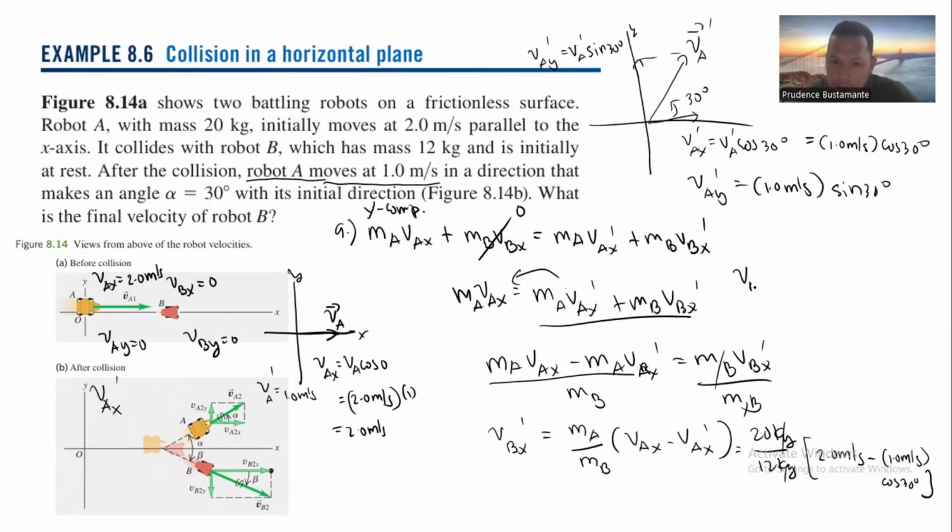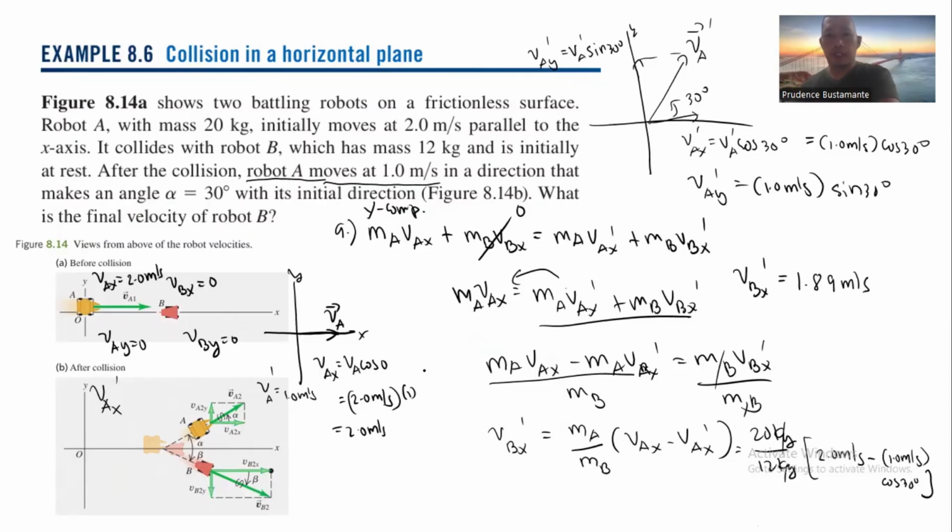So our VBX prime is equal to 20 divided by 12 times 2 minus 1 times cosine 30. So we have 1.89 meters per second. How about the y component?